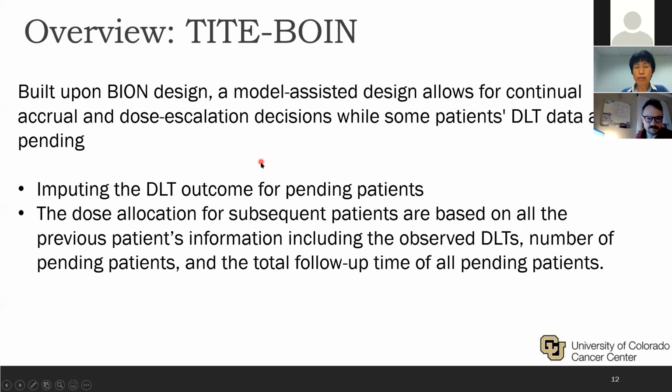Similar to the time-to-event CRM design, it accomplishes this by imputing the DLT outcome for pending patients. And similarly, the dose allocation for subsequent patients is based on all the previous patients' information, including the observed DLTs, number of pending patients, and the total follow-up time of all pending patients.